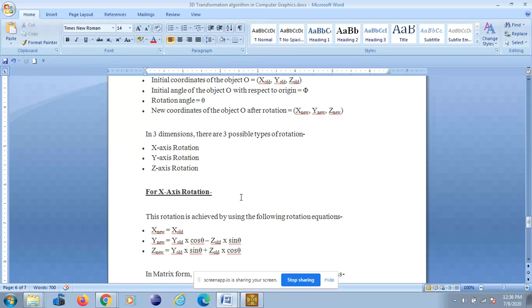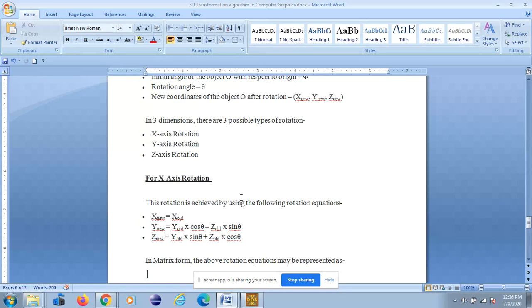The new value of y after rotation is calculated as y old multiplied by cos theta, where theta is the angle you want to rotate by, minus z old multiplied by sine theta.